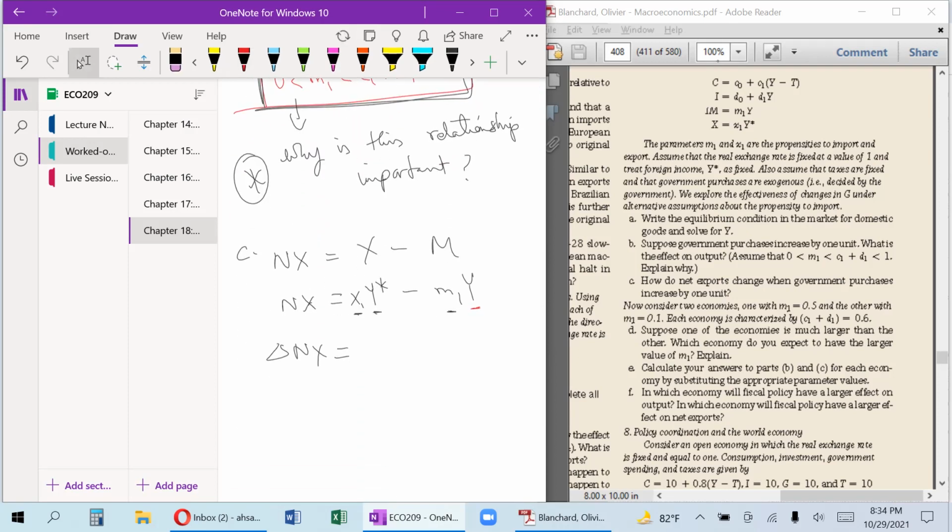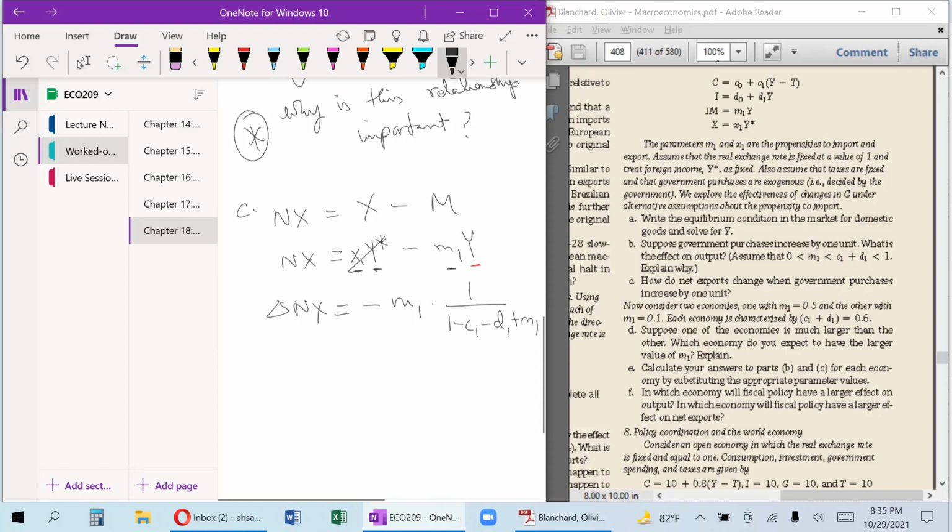So the change in NX, if G changes by 1 unit, will be, these are not changing, so let's just write down 0 minus m1 times 1 divided by 1 minus c1 minus d1 plus m1. Or we can simplify the relationship a little bit more.